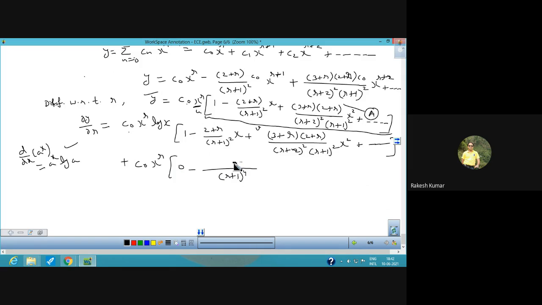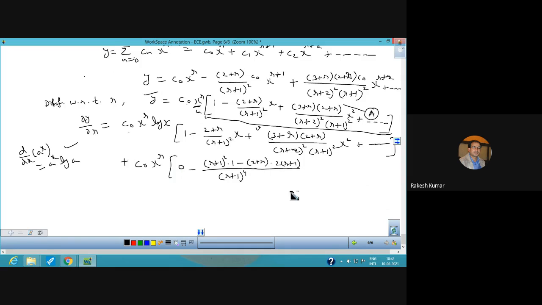So (r plus 1) whole raised to power 4, with v substituted here. So (r plus 1) whole square into the derivative of 2 plus r, which is 1, minus (2 plus r) into the derivative of v, that is 2 times (r plus 1).